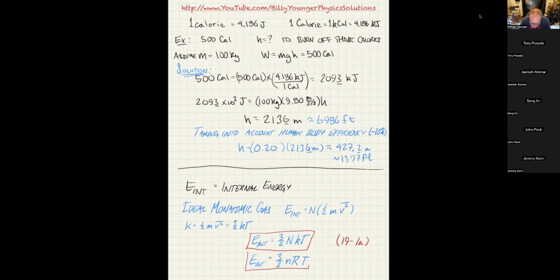So this too is a labeled equation. And in fact, your book labels it 19-1b. So that's two versions of the internal energy for an ideal monatomic gas.